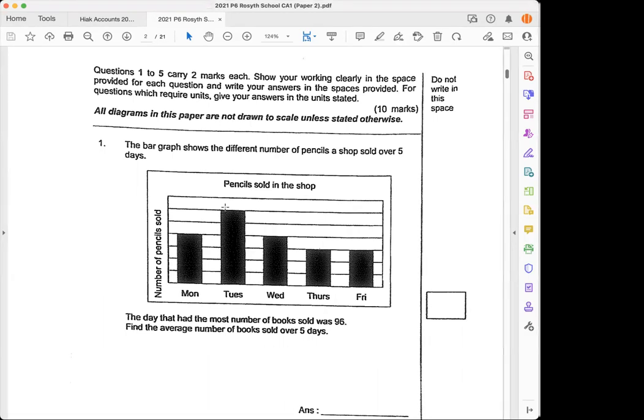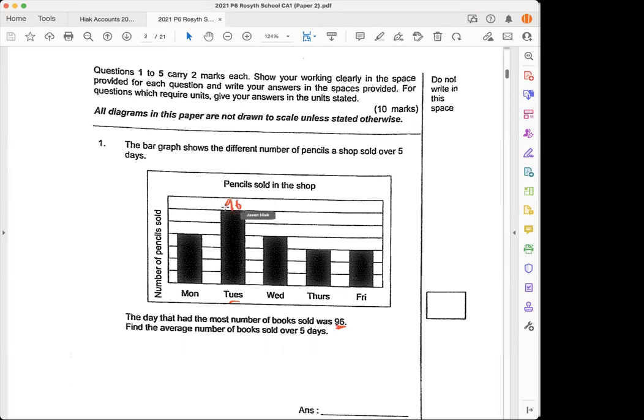The question starts off by giving you that the day that had the most number of books sold was 96. From this chart, you can see that the day with the most number of books sold is Tuesday.